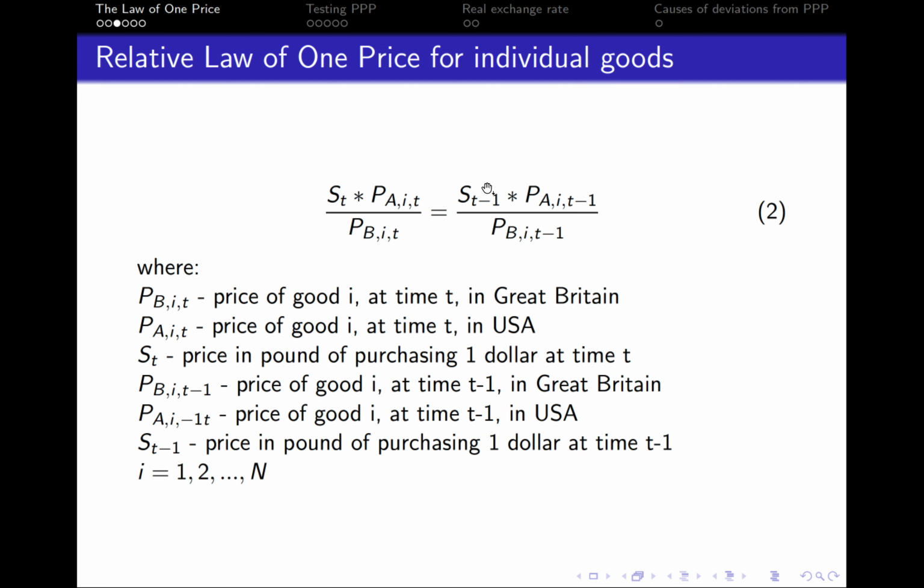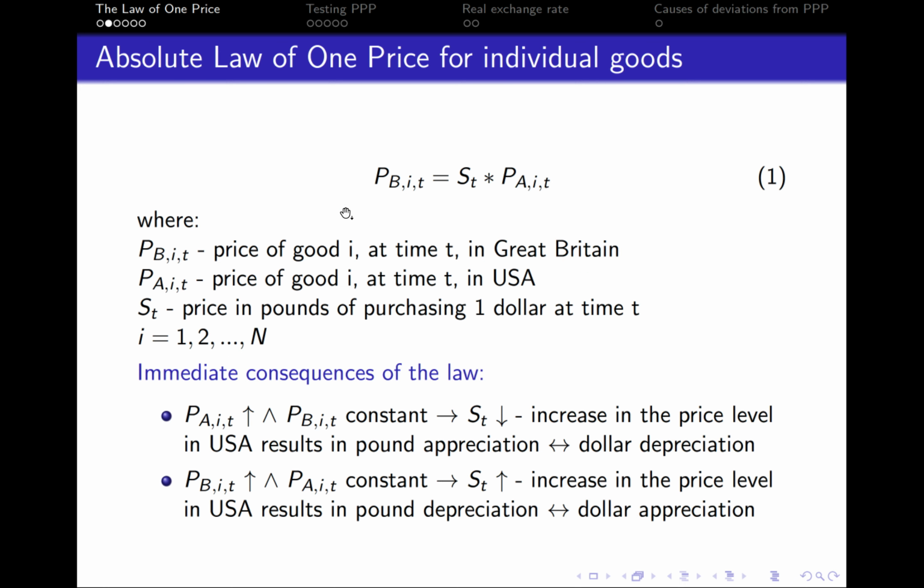Okay, so look, I hope that you can see. Let's forget about the right side of the equation for a second, and let's focus on the left hand side. Look, if I divide both sides of this equation by P_B,t, I would get 1 equal to S_t times P_A,t divided by P_B,t. Right? So this would be equal to 1.